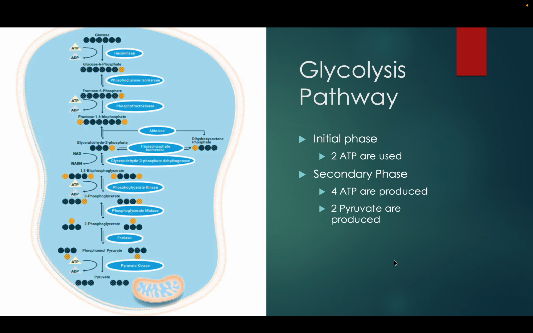Then the 3-phosphoglycerate is converted by an enzyme called phosphoglycerate mutase into 2-phosphoglycerate. This is then converted into phosphoenolpyruvate by an enzyme called enolase. And finally, in the last step, the 10th step of the process, the phosphoenolpyruvate is converted into pyruvate by an enzyme called pyruvate kinase.